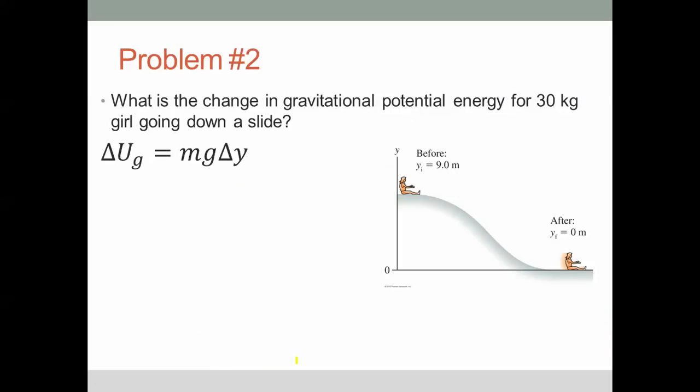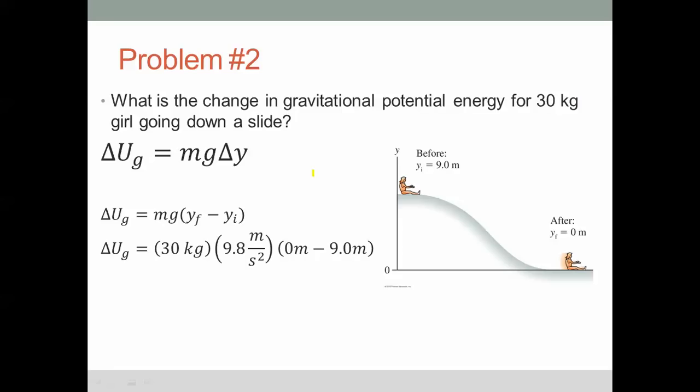Let's say, what is the change in gravitational potential energy for a 30 kilogram girl here going down a slide? What's her change in energy? We're going to use the equation change in gravitational potential energy equals mg delta y. Remember that delta y is yf minus yi.